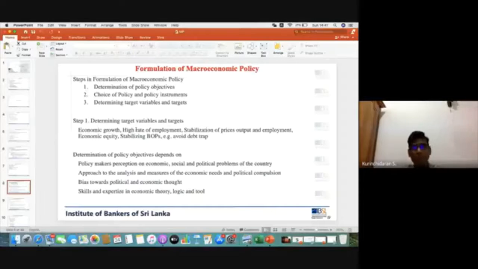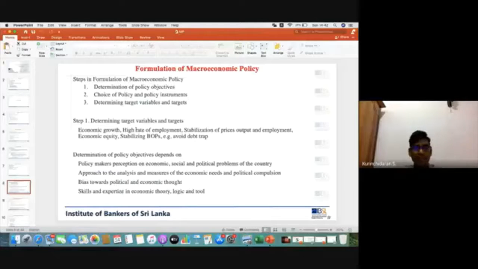When it comes to formulation of microeconomics policy, there are 3 steps we have to look into. Determination of policy objectives. So we have seen there are so many policy objectives. What is your objective? That's step 1. Second, we have to decide the choice of policy and policy instruments. Third, we have to determine the target variables and targets.